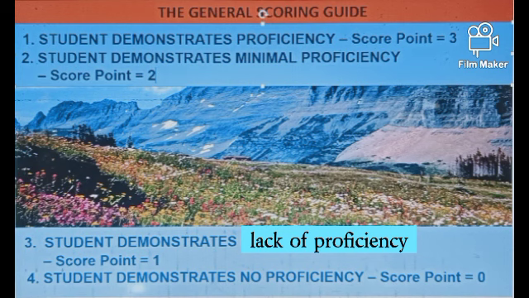And the lowest level of achievement, which is awarded a score of 0, is one where the student demonstrates no proficiency. Attributes that show that the response demonstrates no proficiency are the following.